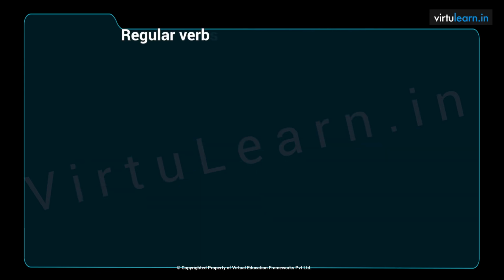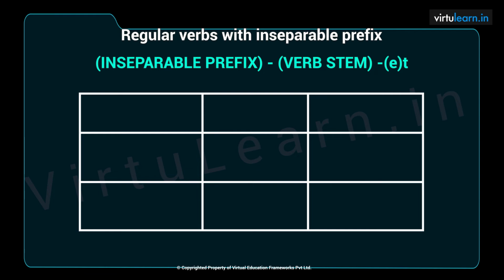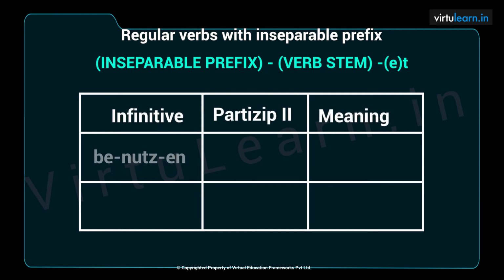Regular verbs with inseparable prefix. So the rule here: the inseparable prefix, the verb stem and the T ending. So these inseparable prefixes do not take a GE prefix to build up the perfect verb. So the infinitive verb benutzen.